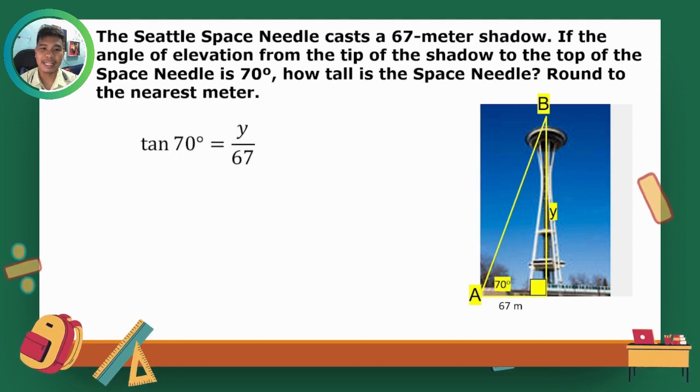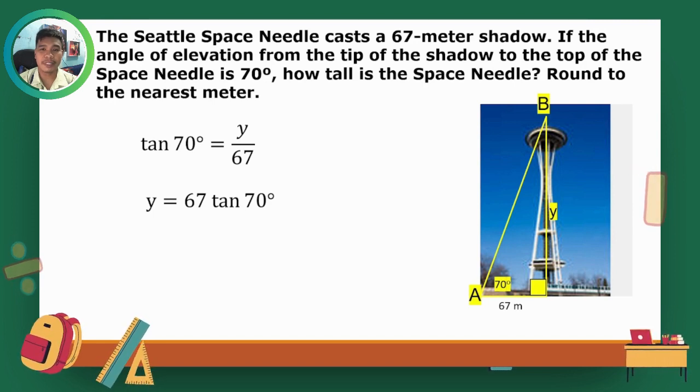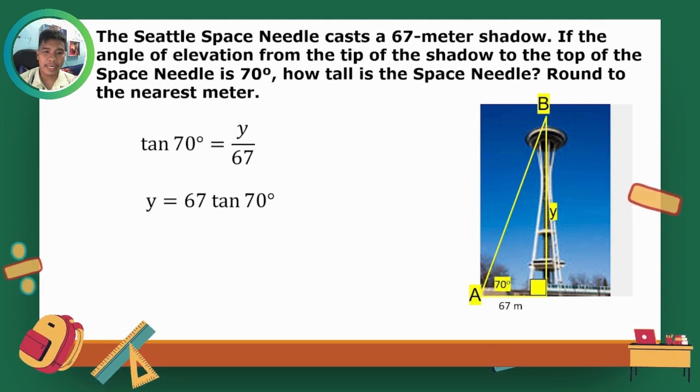By that, let us write the equation as tangent 70 degrees, our reference angle, equal to the opposite side, which is y, our representation for the height of the Space Needle, over 67, which is the shadow the Space Needle casts, a 67-meter shadow. To solve that, we get y equal to the cross product of 67 and tangent 70 degrees. That will be y equal to 67 tangent 70 degrees.